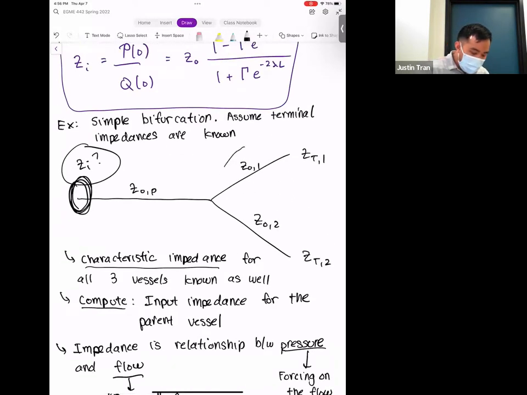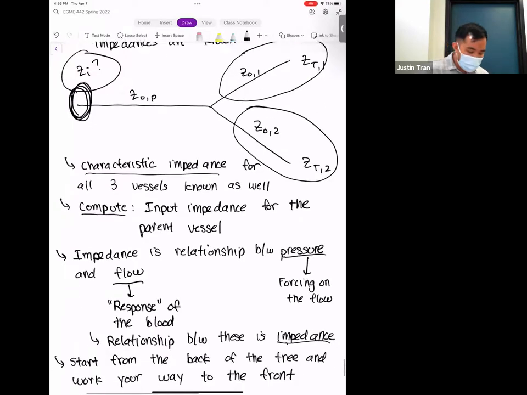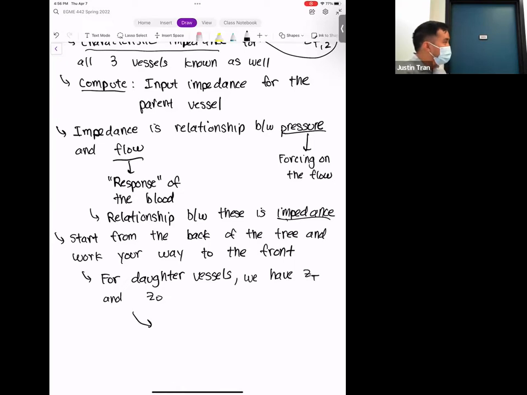And so let's consider the two daughter vessels first, right? For the two daughter vessels, we have both the characteristic impedance and the terminal impedance. Since we have ZT and Z0, that means we can compute our reflection coefficient.